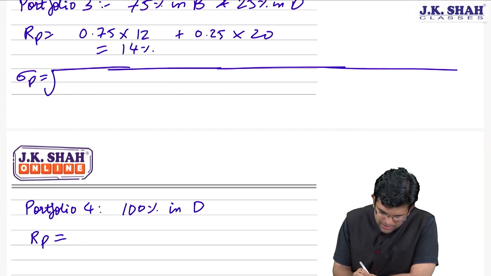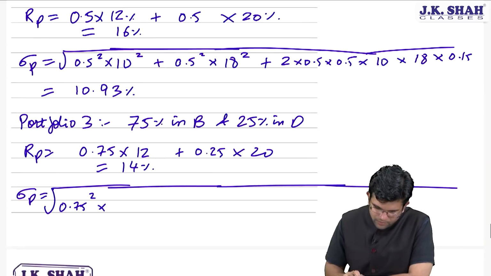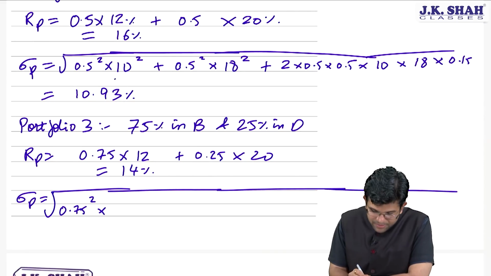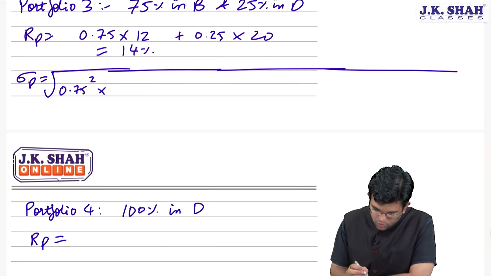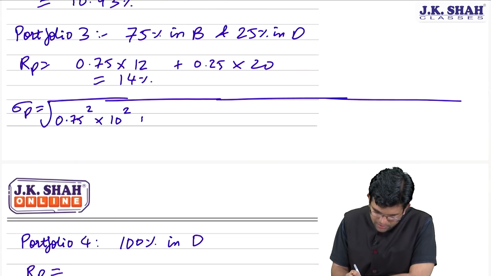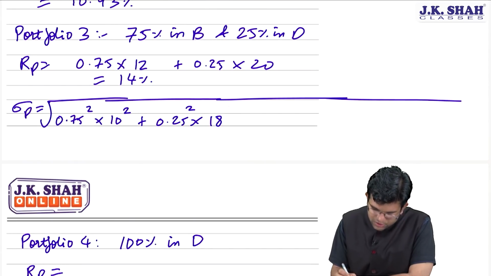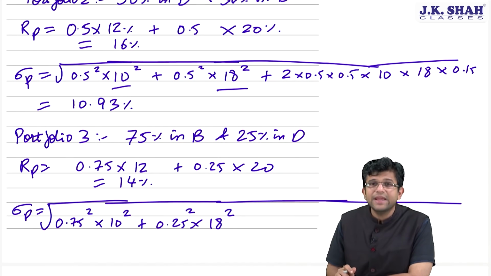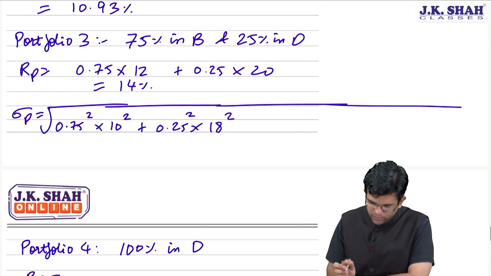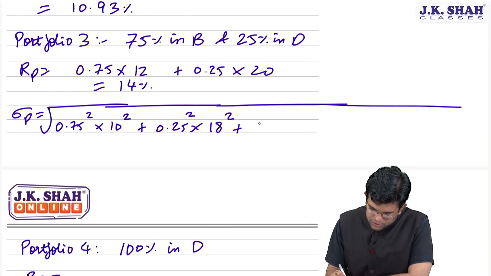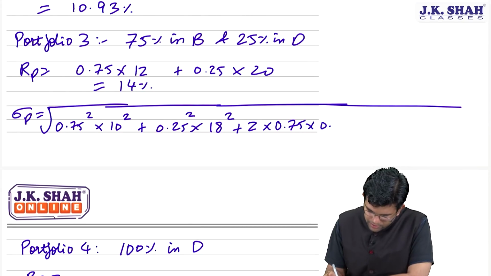It will be 0.75 square into, if you remember, the sigma B was 10, so 10 square, plus 0.25 square into 18 square. Remember the sigma D was 18. Plus 2 into 0.75 into 0.25 into 10 into 18 into 0.15.